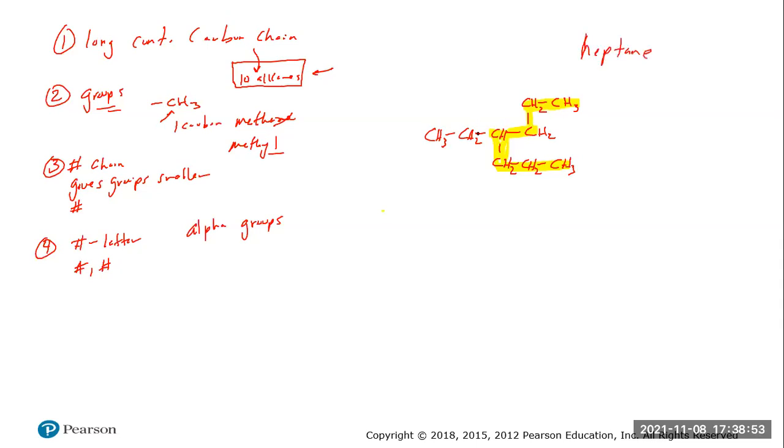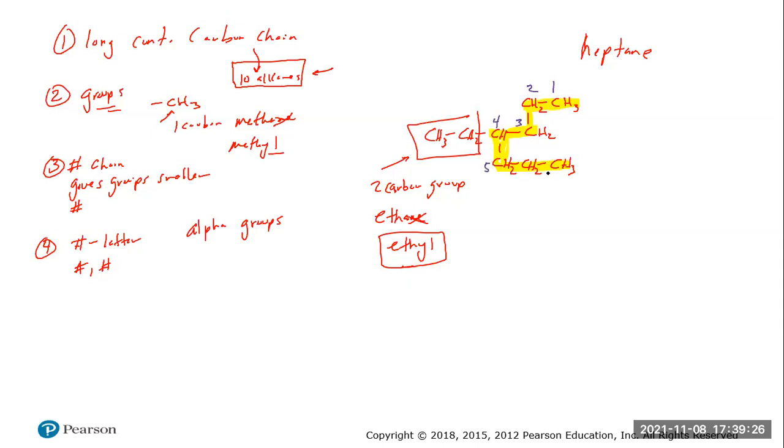That means that we have a 2-carbon group attached to it. 2 carbons is based off of ethane, missing a hydrogen to make it a group, so it becomes an ethyl group. So we have an ethyl group there. And now what we want to do is figure out the numbering for that ethyl group. We can number 2 directions, going right to left: 1, 2, 3, 4, 5, 6, 7.